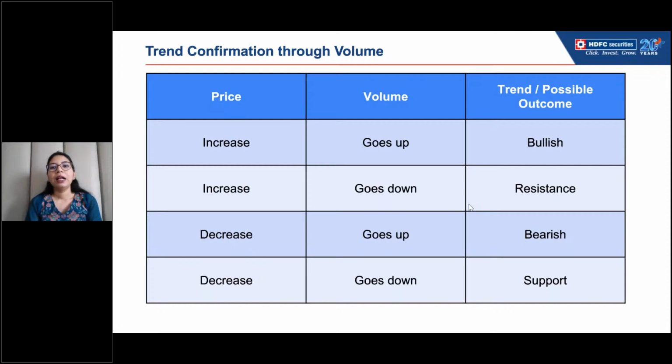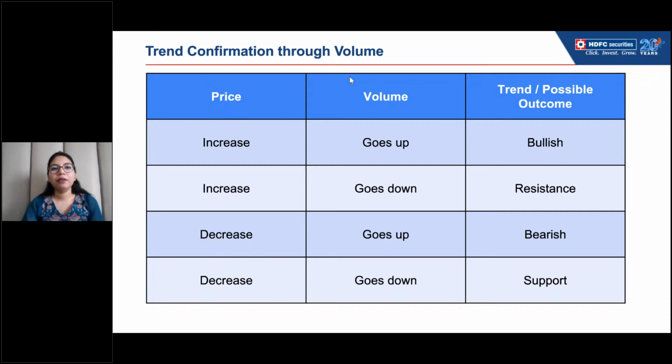Next is when a particular entity can take resistance or support. Then we will see how breakouts and breakdowns are traded with the help of volume. And lastly, we will see one volume indicator, and with its help how we trade and find entries, exits and stop losses. So we have to look at 4 parts.